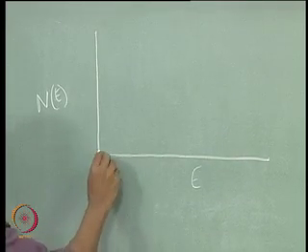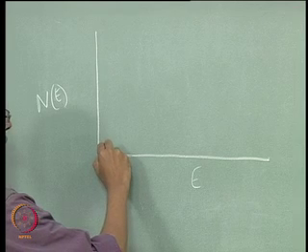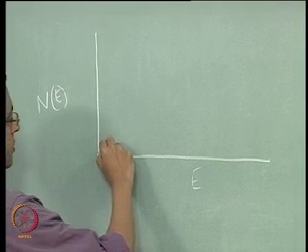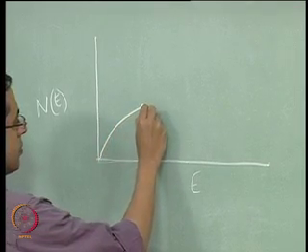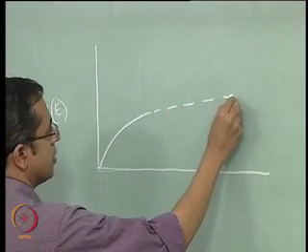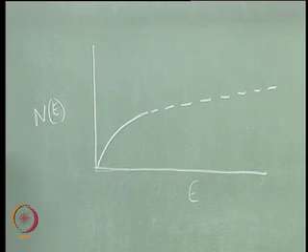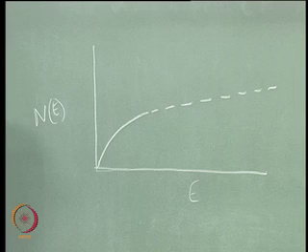So what will happen is, normally if it were a free electron system, if it were a free electron behavior, we would see a parabola. So I will just continue this like this. So this is what the parabola is, okay, corresponding to a free electron.